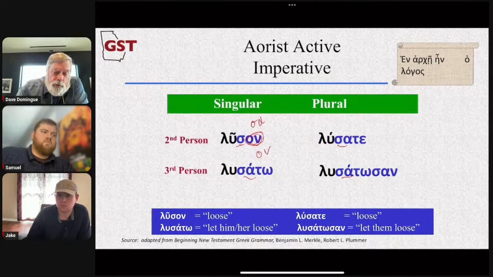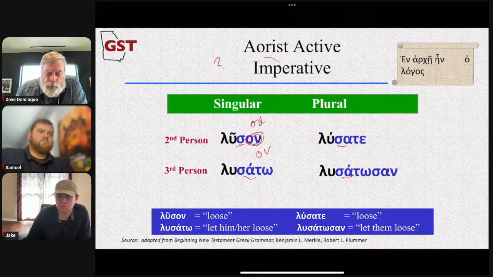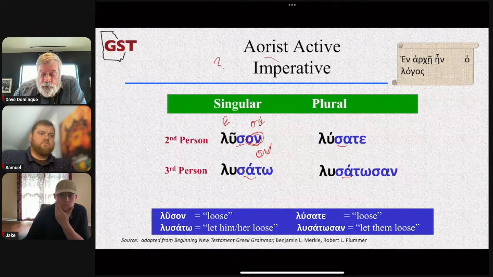That's kind of why he has a question mark, because it's not that it's a question, it's just that there's a variation or variability associated with it. The second person for the aorist is the omicron nu versus the epsilon for the present. And that's what he's trying to bring out. That's why the question mark is there.